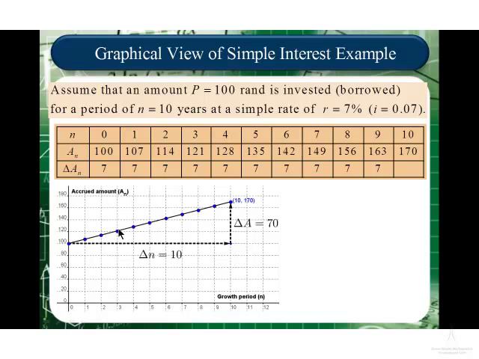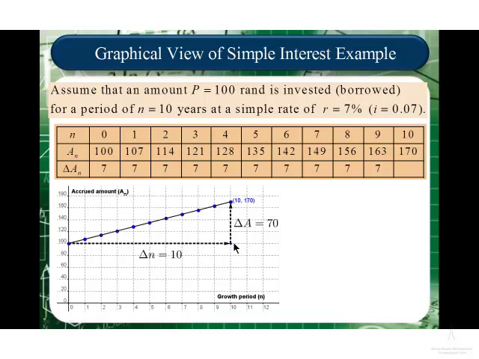We've seen a similar situation when we discussed the linear function before in a previous video, and we can see there is a linear growth of the final value or the accrued value over the 10-year period. And we see that the overall period is 10 years, delta n, change in the interest period.